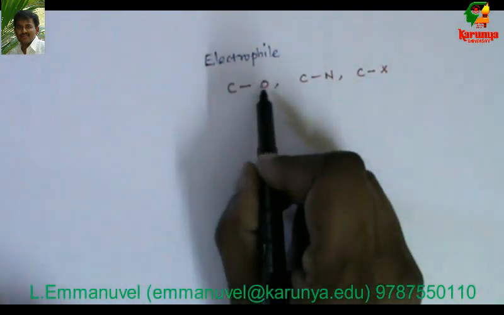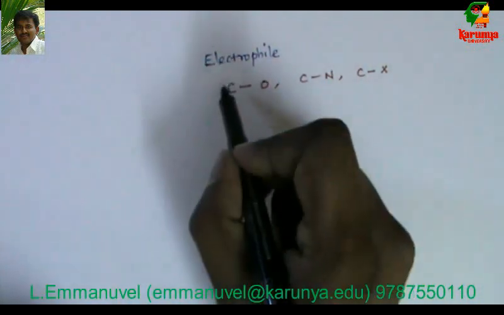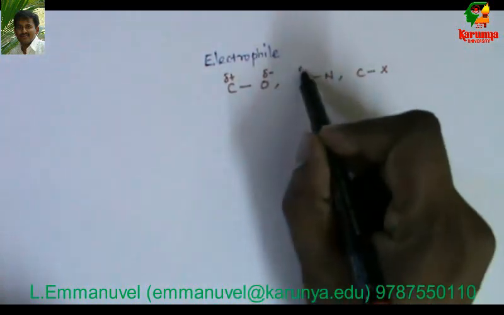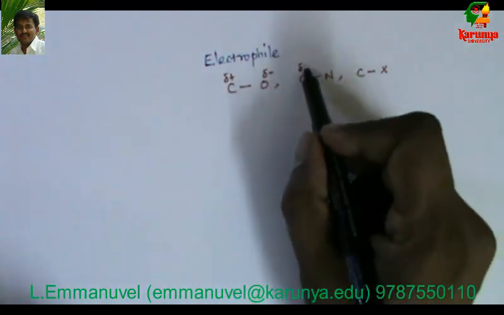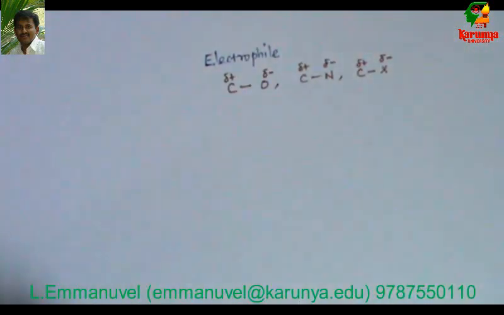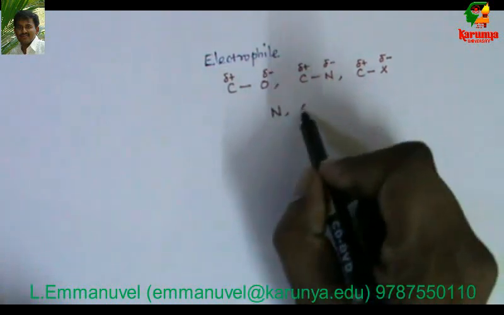Because of the more electronegativity of oxygen or nitrogen and halogen, there is some del plus on carbon and del minus on the more electronegative atom. The electronegativity increases like this.